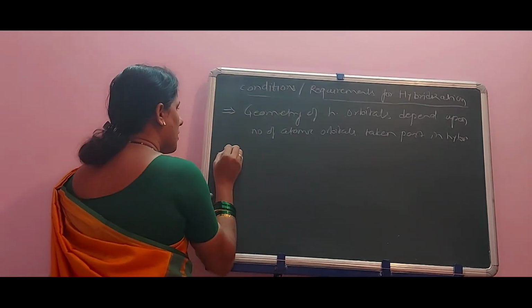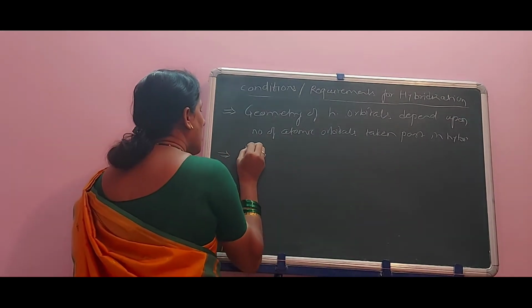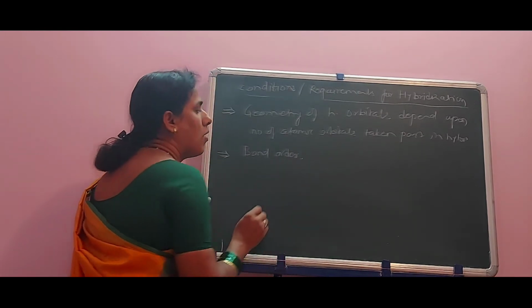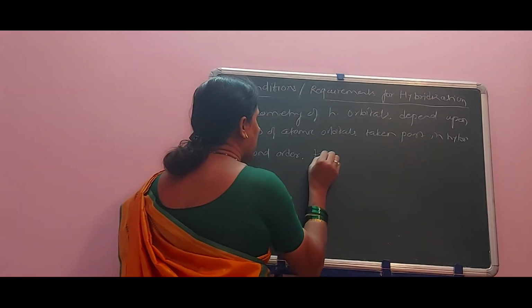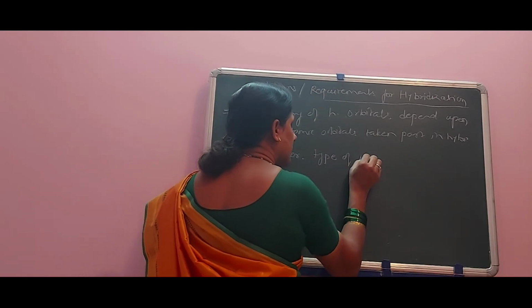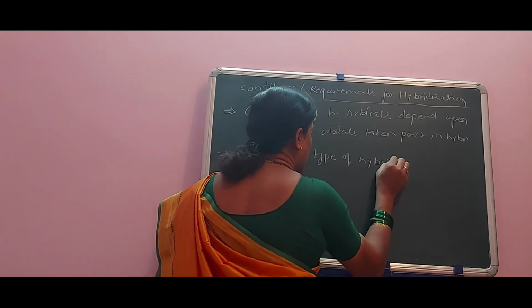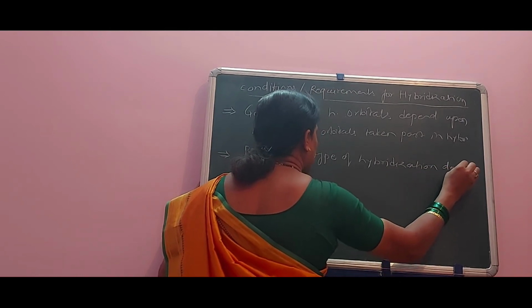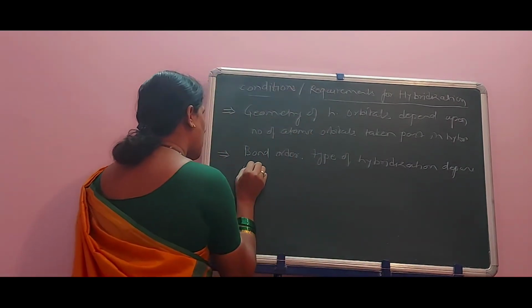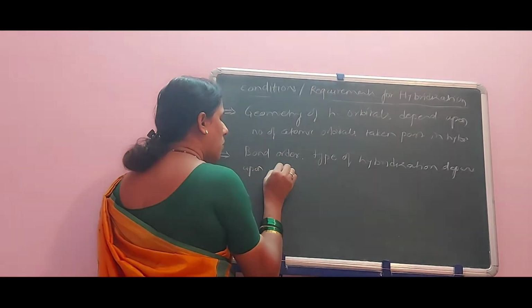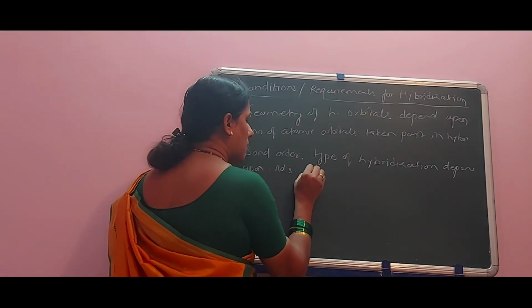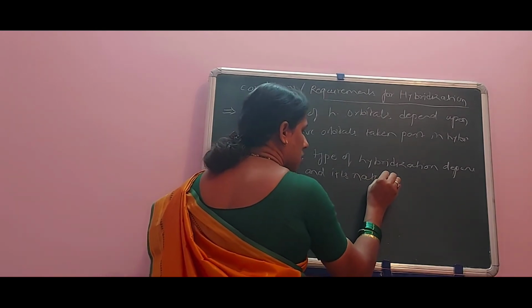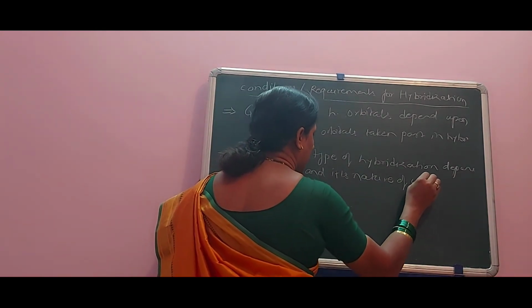Here the geometry, bond order and type of hybridization depend upon the AOs and the nature of their combining.